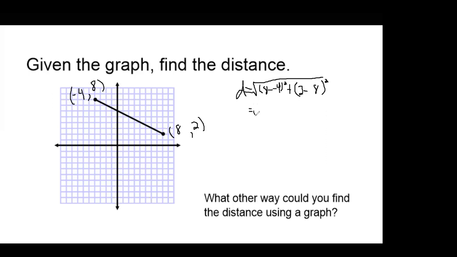Okay. So 8 minus -4 is what? 12, good. And then 2 minus 8, -6, right?